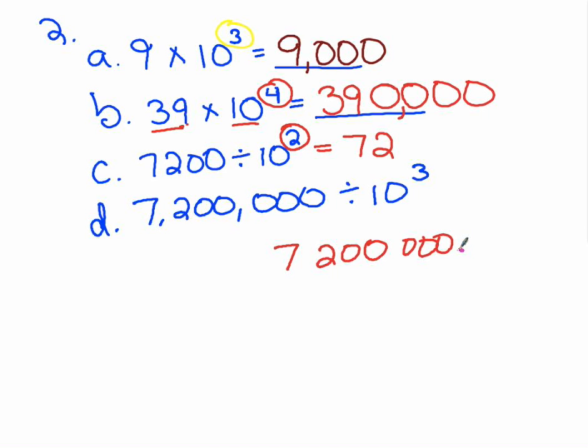Sorry, each arch. We're going to have 3 arches, yes. And how many numbers are in each arch? 1. So we're going to make 3 arches. Maybe 1, 2, 3. What is my answer to 7,200,000 divided by 10 to the 3rd power?